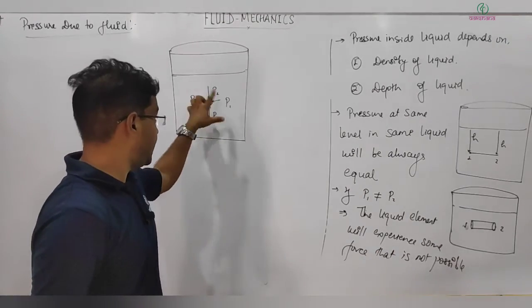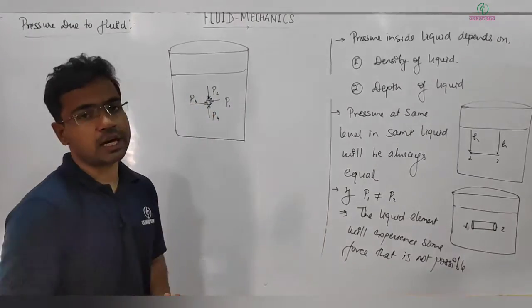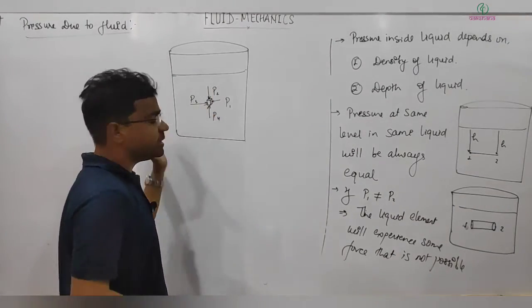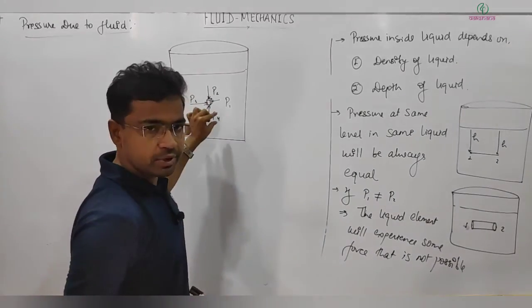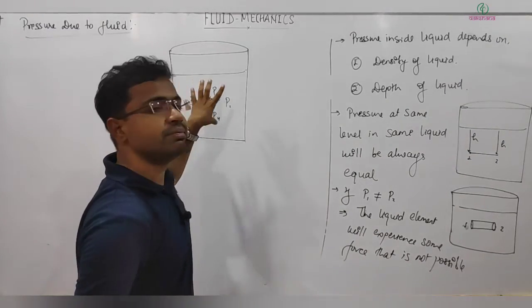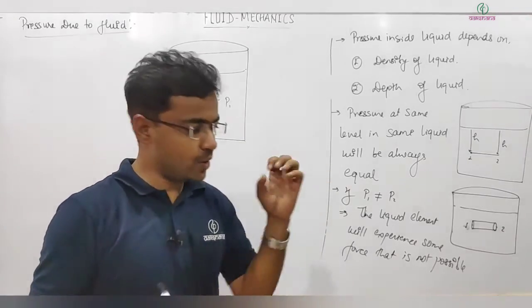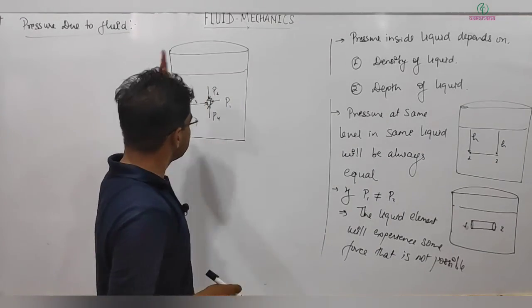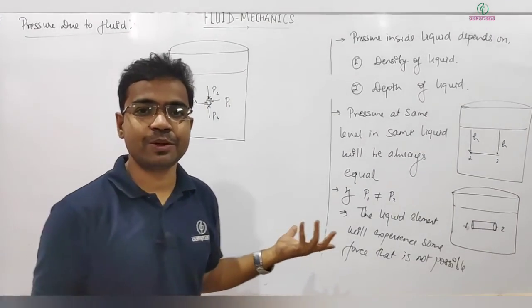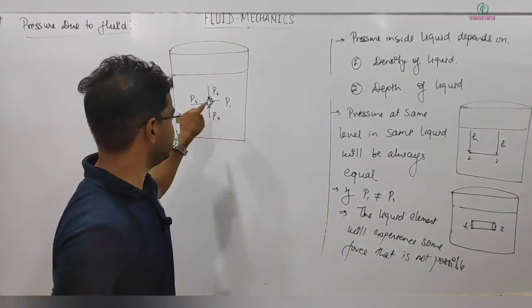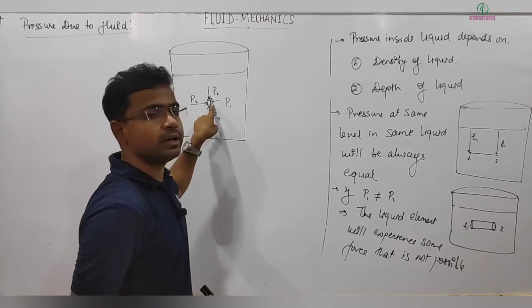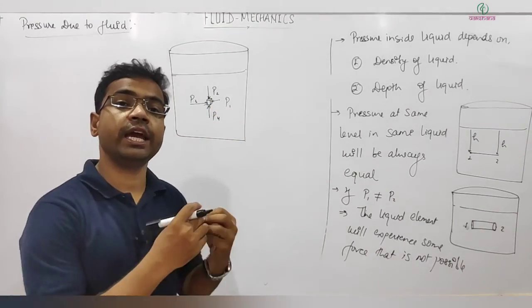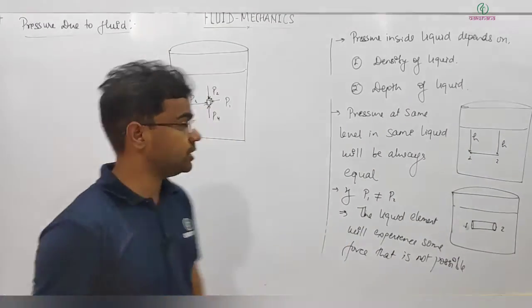So if all these are not equal, then whichever is higher, the element will be moving in that direction. But this is the same fluid element in a liquid filled in the container, then how is it moving by itself? That's not possible, right? So what it implies is that pressure at same level will be acting in all directions.